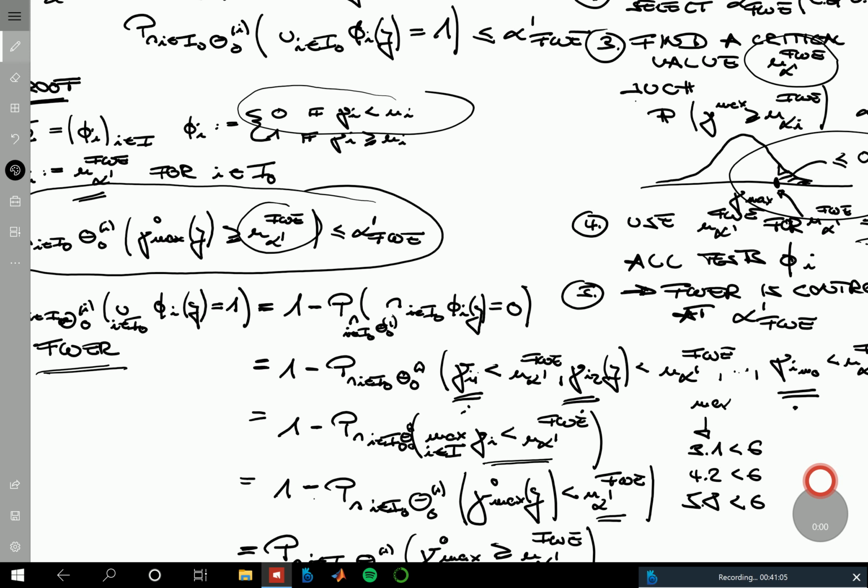Questions? Is it possible at this stage to connect this with the concept of multiple-testing correction, for example Bonferroni correction? It's not that easy. No, Bonferroni is different. Bonferroni doesn't use the maximum statistic.